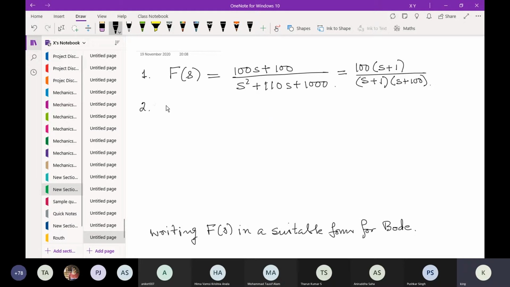Second step, ensure that the terms are in the proper form.